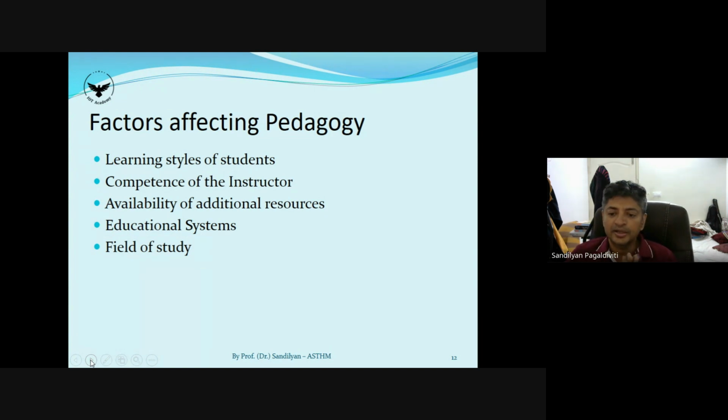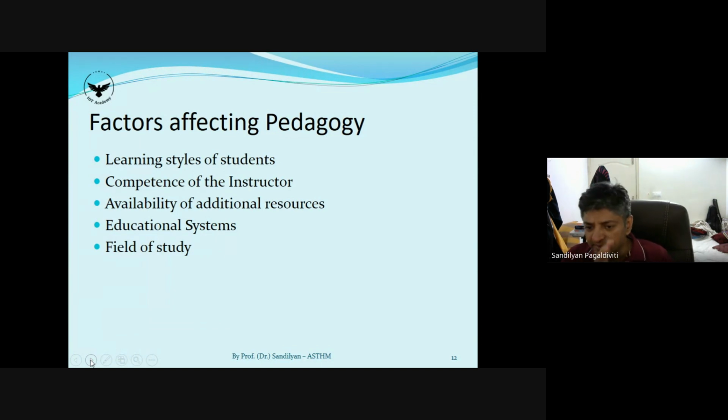Whether you are teaching on a blackboard, you have a whiteboard, whether you have markers, whether you can use a PowerPoint presentation, whether you have an overhead projector, whether you have Wi-Fi connectivity, whether you can connect with videos, whether it is the shape of the classroom, whether it is facing the students or whether you stand in between. A lot of things make a difference.